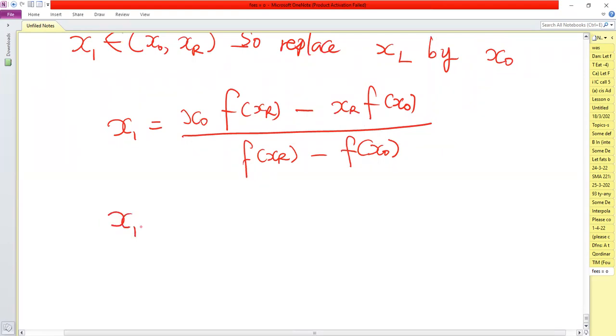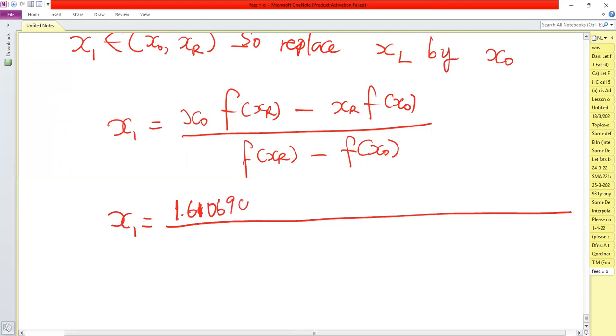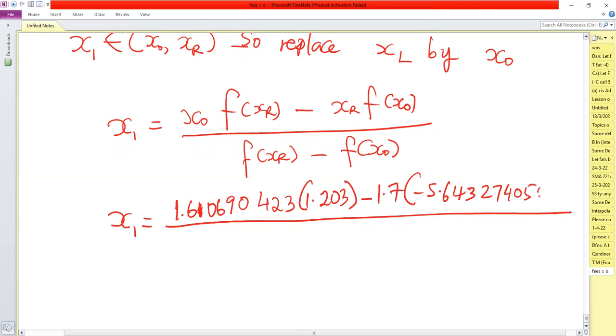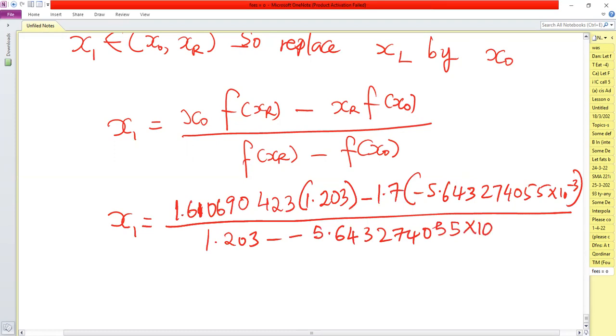X1 will be X naught, from our calculation 1.610690423, into 1.203 minus 1.7 into negative 5.643274055 times 10 raised to negative 3, over 1.203 minus negative 5.643274055 times 10 raised to negative 3.